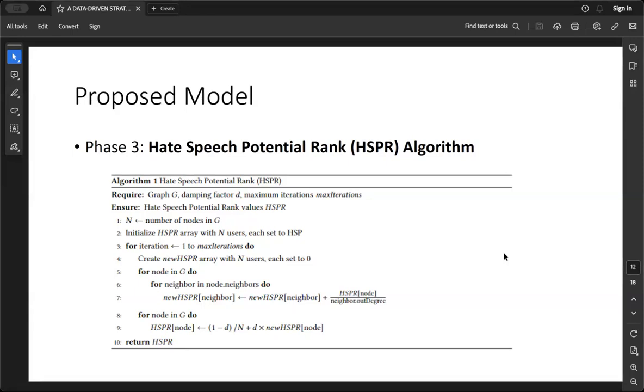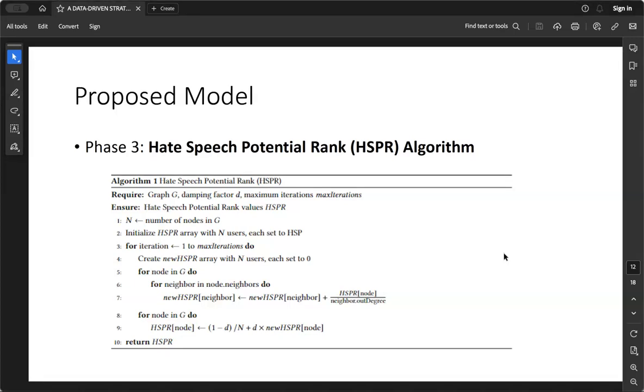So once we obtained the HSP, we realized that HSP were values that were generated by an algorithm, and it lied between 0 and 1. So at this point, after we have the output from phase 3, we have all the ranks for every user.